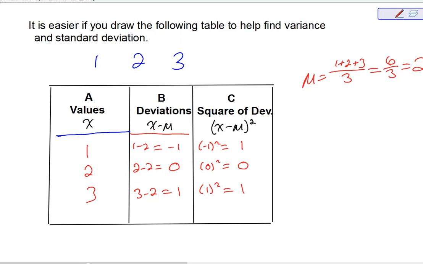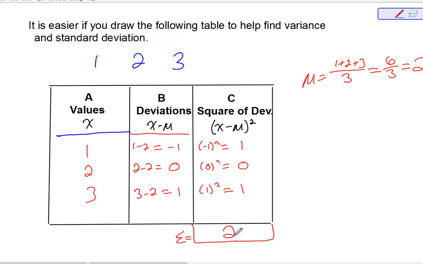Step 4 is to sum up this column right here. So I'm going to add this up. This is going to be my sum. So 1 plus 0 is 1, plus 1 is going to be 2. So that is my sum there.